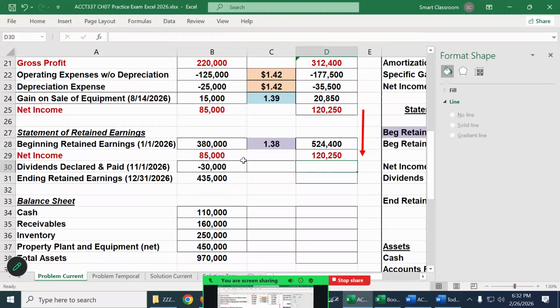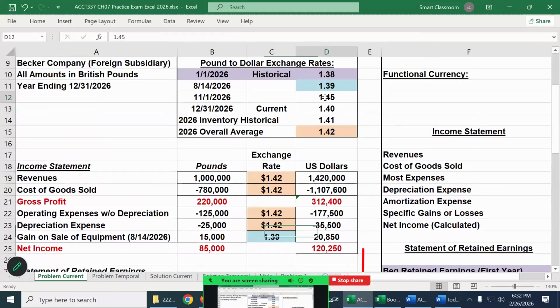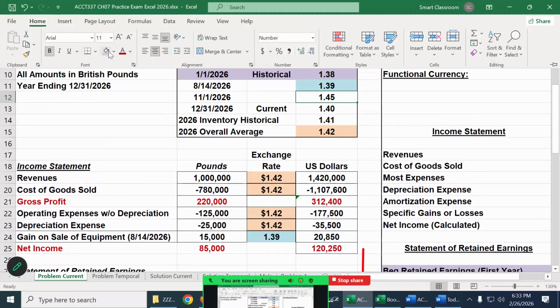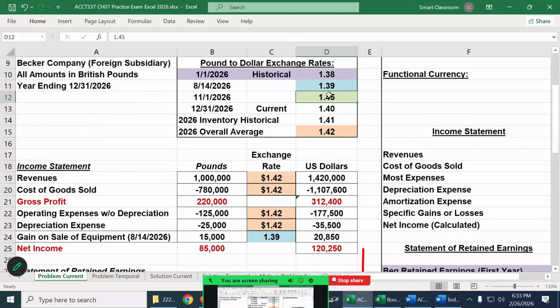Dividends were paid on 11/1, so we have to find the historical for 11/1. Is that 145? Agree.